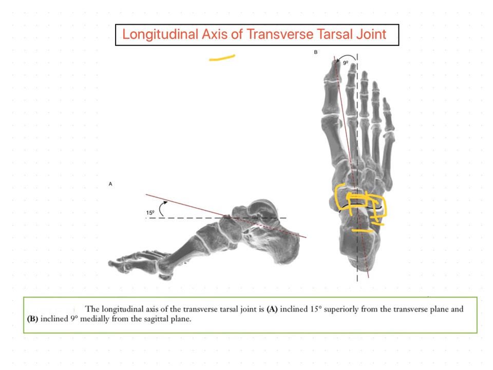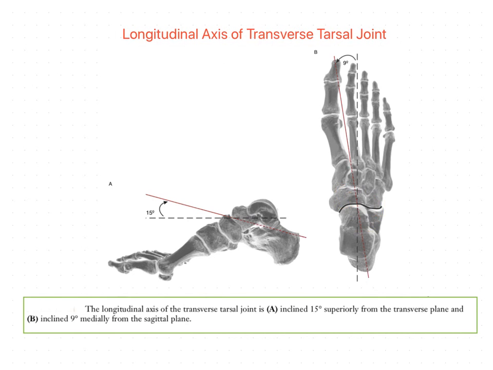Now first we are going to discuss the longitudinal axis of the transverse tarsal joint. The longitudinal axis is nearly horizontal, being inclined upward from the transverse plane.